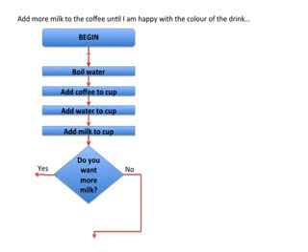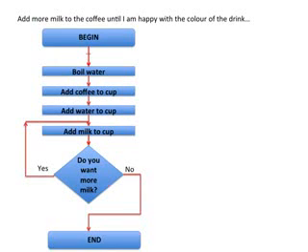Rather than adding another process that is just a repeat of this process here, we can actually send our flowchart back to just before this process. By doing this, we can add milk repeatedly without having to add another process in our flowchart. However, if the answer is no, we don't need to do anything. To end our flowchart, we add an end terminator. Done.